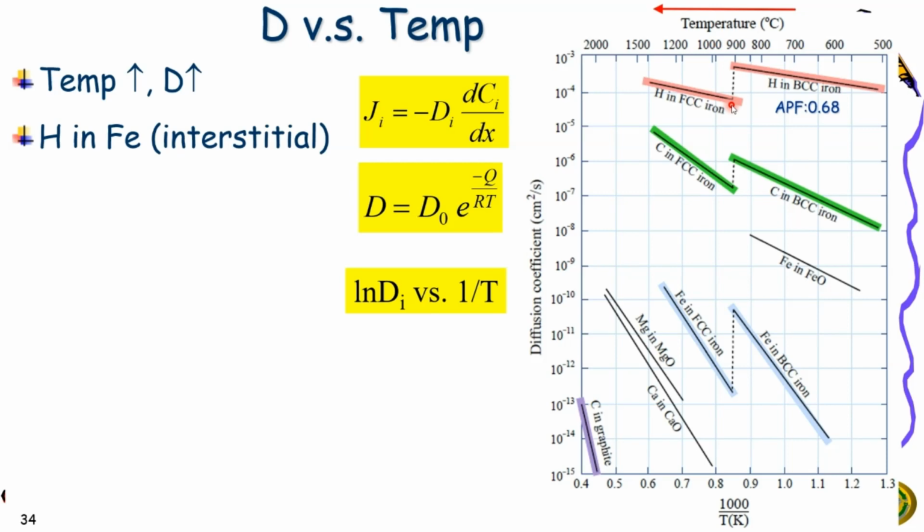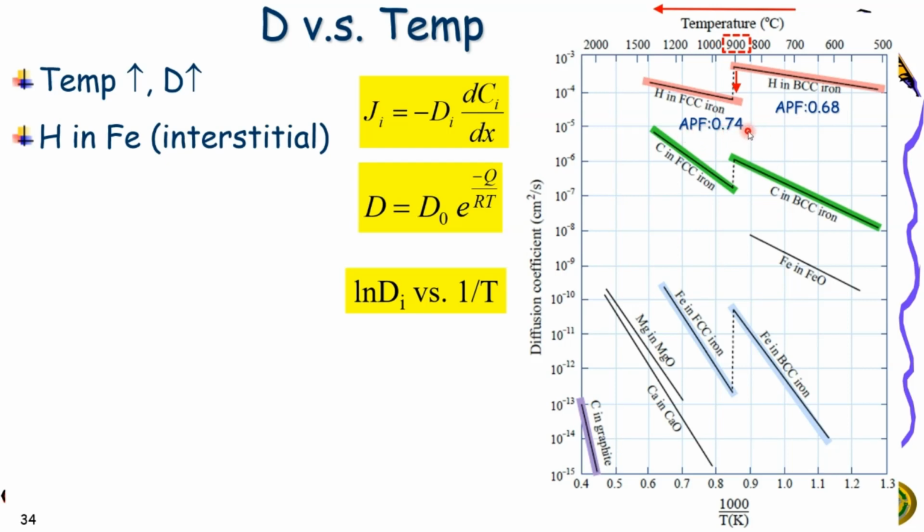Why? Because the crystal structure of the iron changed from BCC to FCC at 900 Celsius. We understand the APF, atomic packing factor, of BCC is 0.68. That means there is 32% vacancy space in the iron. However, in FCC the diffusion drops because APF is 0.74.